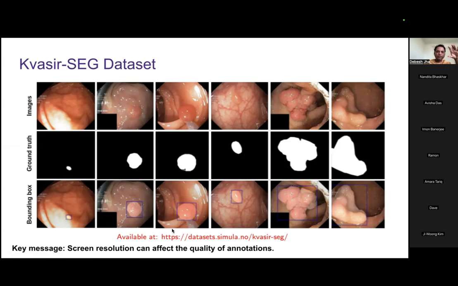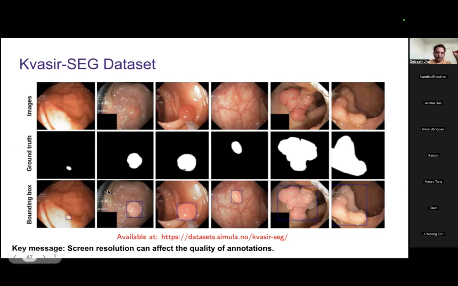At first we started with a small screen, and when we had some results, we showed them to the doctor, and we found that some of our annotations were wrong, especially because of the low resolution screen we were using.